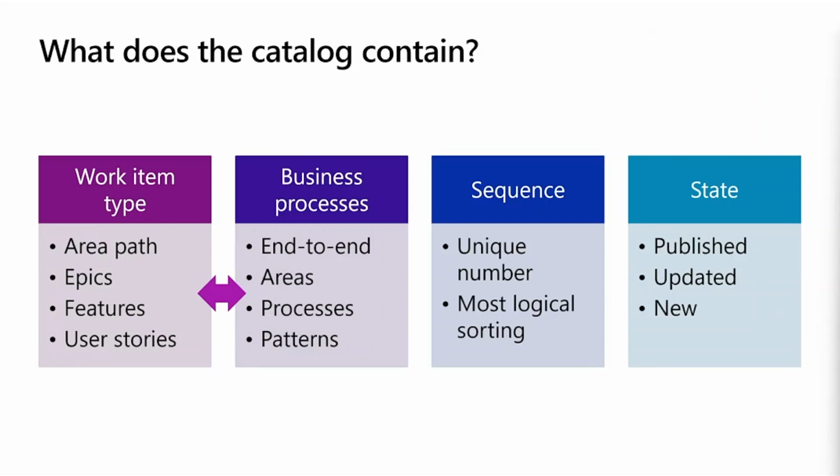You'll also notice a sequence column in the spreadsheet. In our Azure DevOps template, we've mapped that sequence into a column for the process sequence ID in Azure DevOps. It is a unique number that is assigned. What we've tried to do is give it the most logical sorting, or the sequence that you would do steps in.